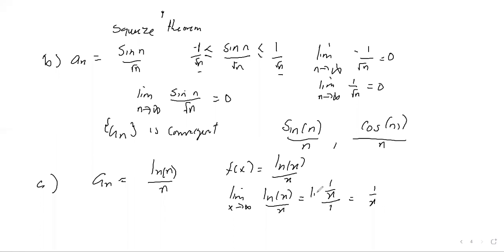Remember, I'm still getting the limit as x goes to infinity. So this will give us 0 because of the 1 over x. So whenever I have a limit that is defined, then I know that this guy is convergent. Whatever I'm given in the sequence, I just rewrite it as a function, then it comes out like that.